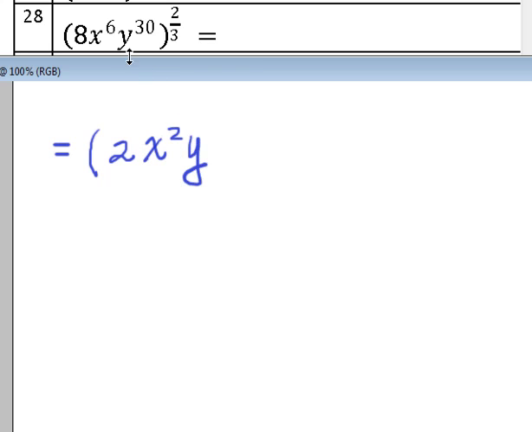And the cube root of y to the 30th, again divide that exponent by 3, and we have y to the 10th. And we still have to square this expression. So let's square everything. 2 squared is 4, x squared squared is x to the 4th, and y to the 10th squared is y to the 20th.